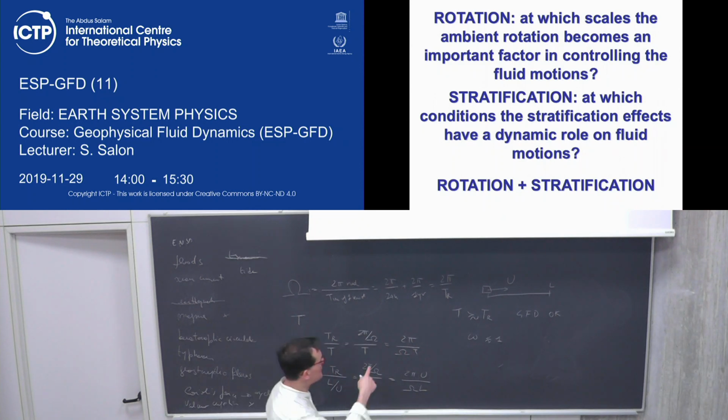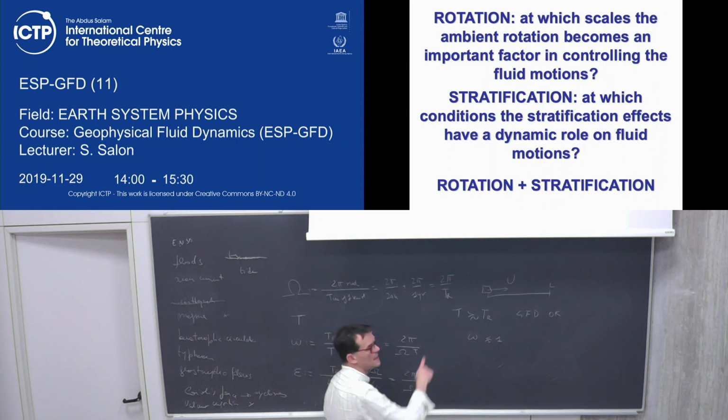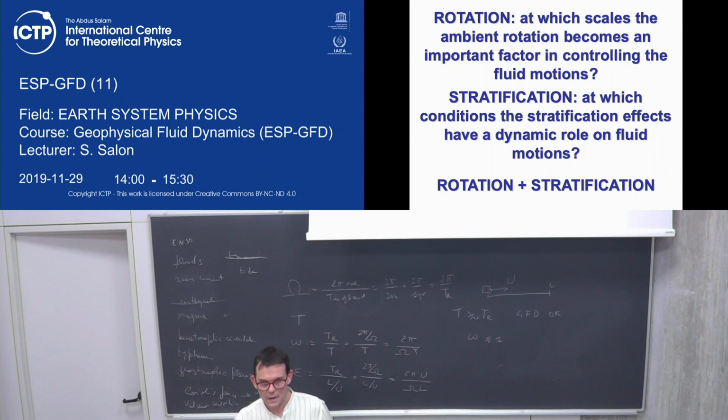Okay? So if I have T like 1 month, I am very, very well affected by rotation, provided that we have phenomena that last for 1 month, which is possibly more probable in the ocean than in the atmosphere. In the atmosphere it is much faster.